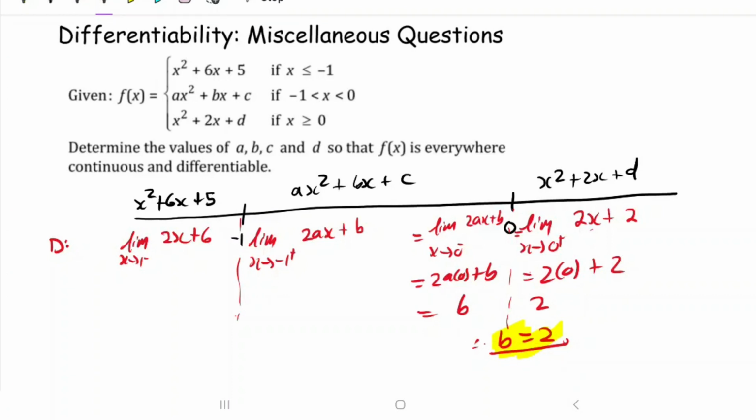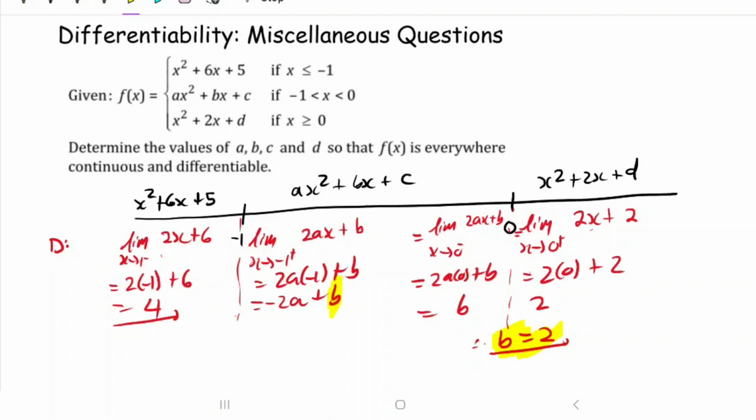So now we find b is equal to 2. Let us go back to this side. This side, we then need to substitute -1. Remember, we were approaching -1. So in our next line, we'll have 2 times -1 plus 6, and we can work that out to give us 4. And on this side, we'll substitute -1. So this is 2a times -1 plus b, therefore giving us minus 2a plus b. But remember, we had just worked out what b is.